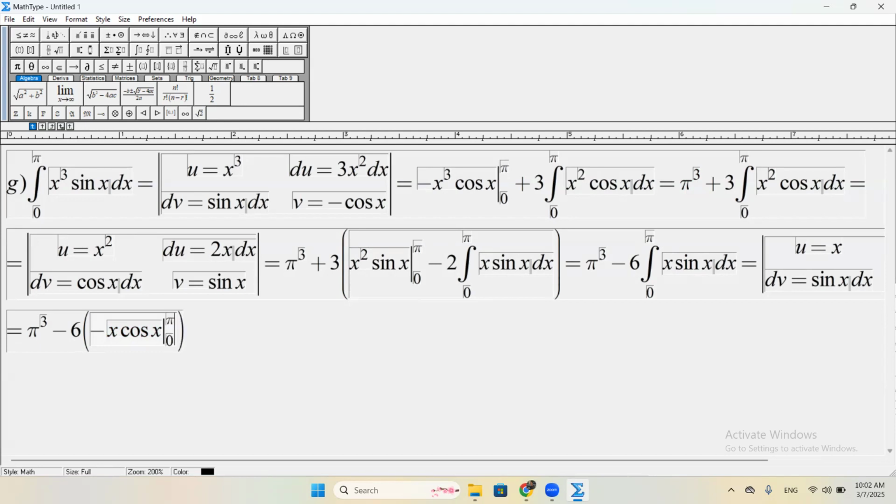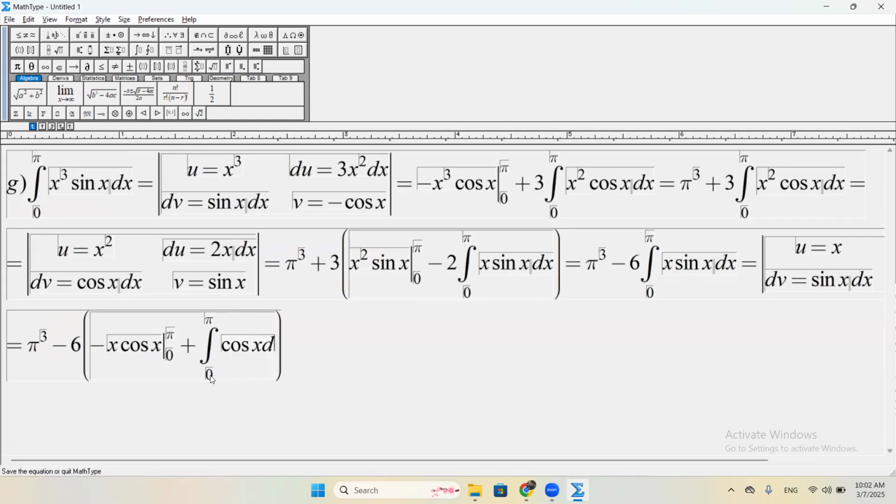And finally, plus integral, so again from 0 to p, of cosine of x dx.